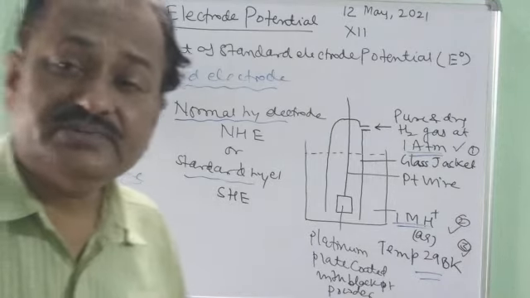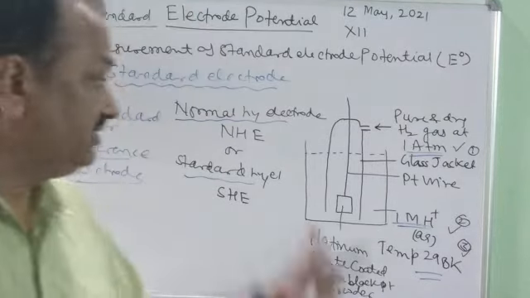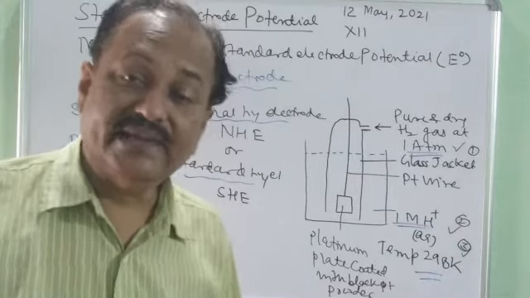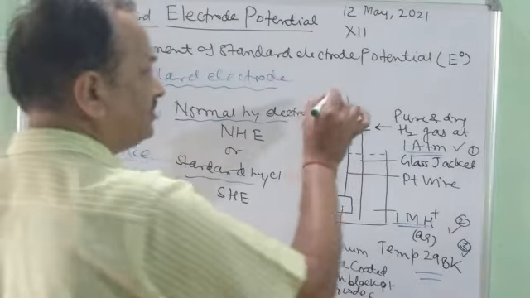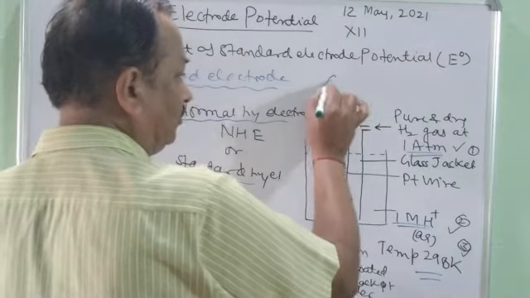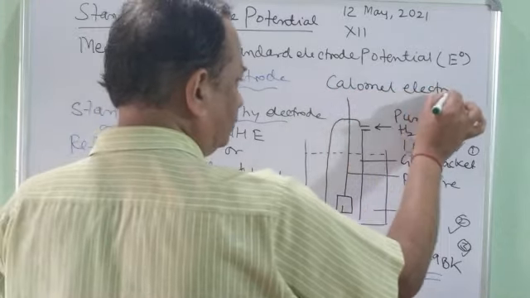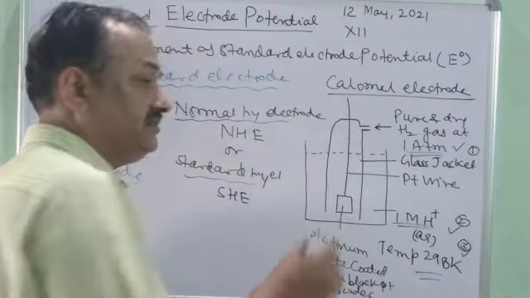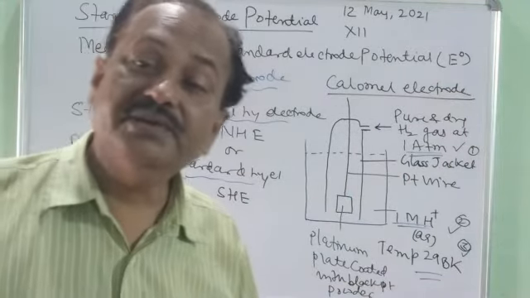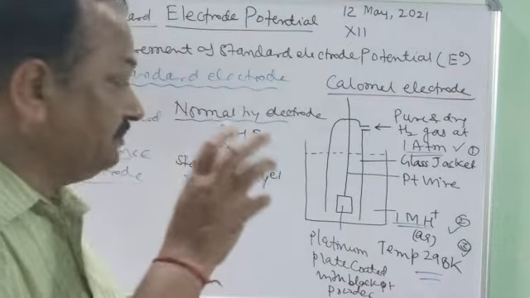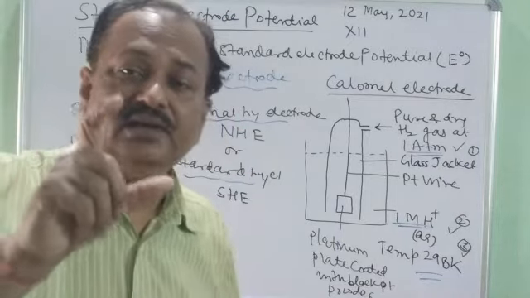So this is a standard hydrogen electrode or normal hydrogen electrode, or more accurately called a reference electrode. Reference electrodes are of different types. This is the normal hydrogen electrode. Another is the calomel electrode, which is not in your course. The calomel electrode uses mercury chloride, and there is mercury, and it is in a boiling tube.